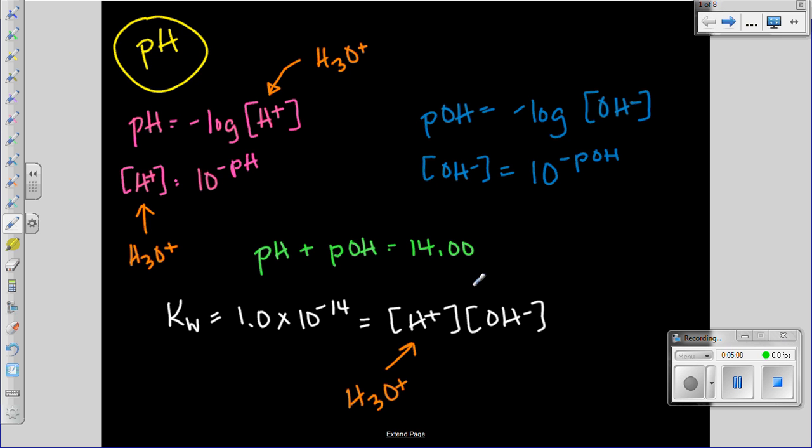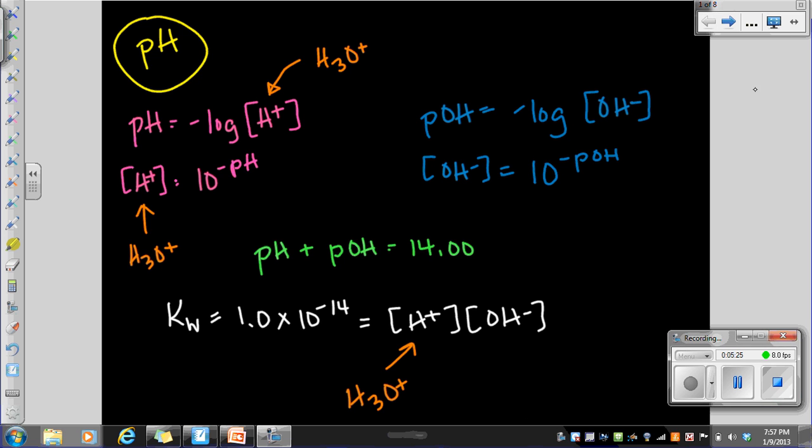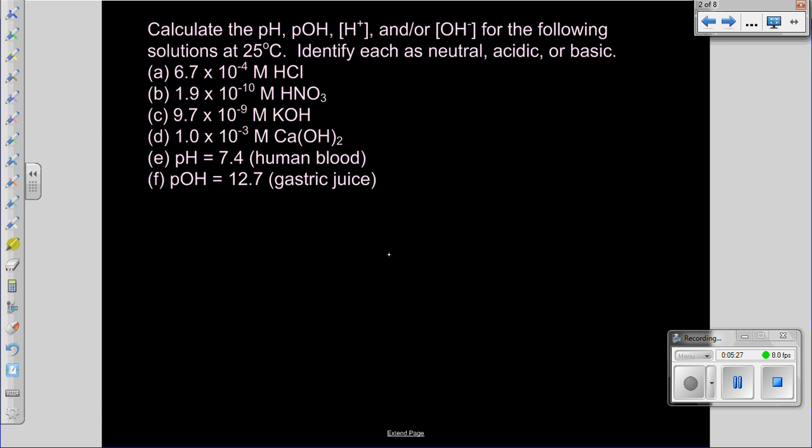And for right now, I think those are all of the equations I want to give you. So now what we're going to do is use these equations, and you'll find them all on your green equation sheet. They're all provided. I want to do some examples. Okay, so what we want to do here is we're given 6 different conditions.